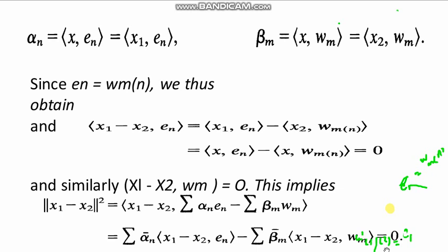Why does this become 0? This is due to this. Look at this: the inner product of x1 minus x2 with E_n was equal to 0, and also x1 minus x2 with W_m was equal to 0. So when we put 0 here, this whole term is 0, also this whole term is 0, so the result will also be equal to 0.